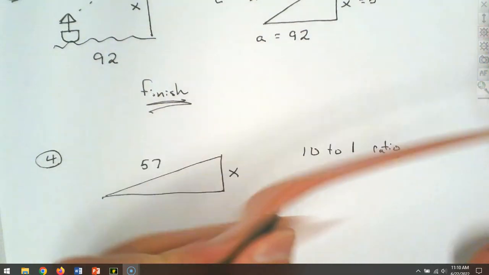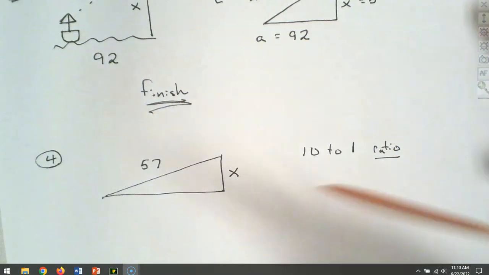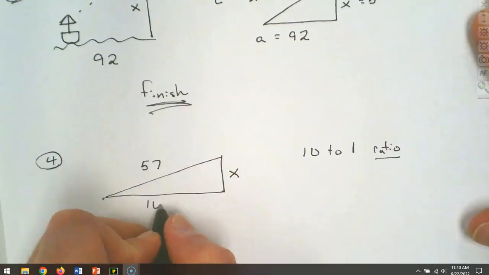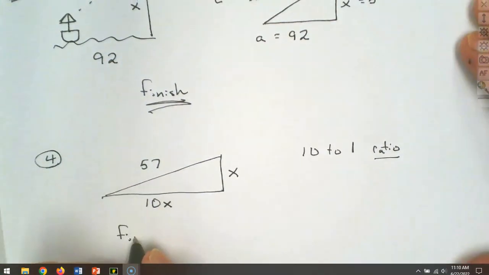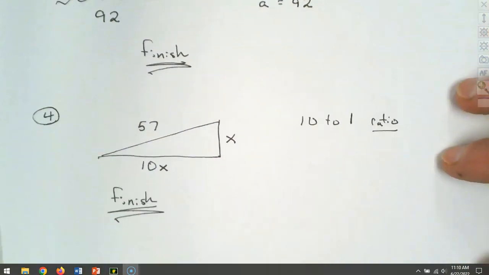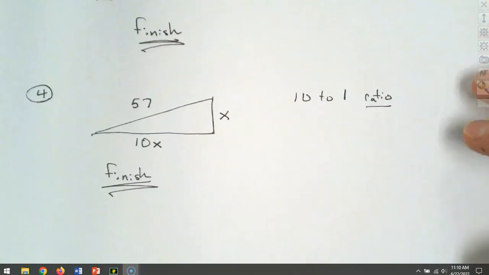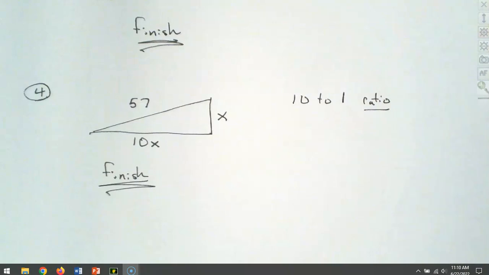So this height is going to be x. But what we do know is for every inch that we go up, we have to go over 10 units. So if this is x, then this one has to be 10x, right? Because it's a 10-to-1 ratio. And then you can finish it from here, because you'll just simply apply the Pythagorean theorem. The 57 represents this length here.